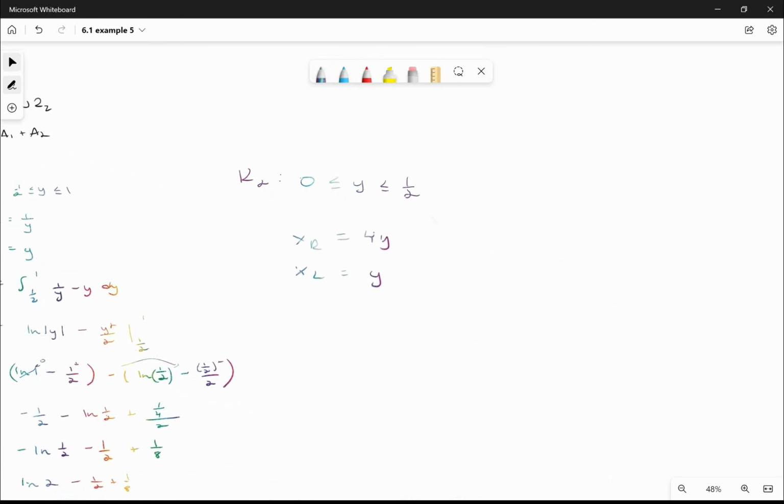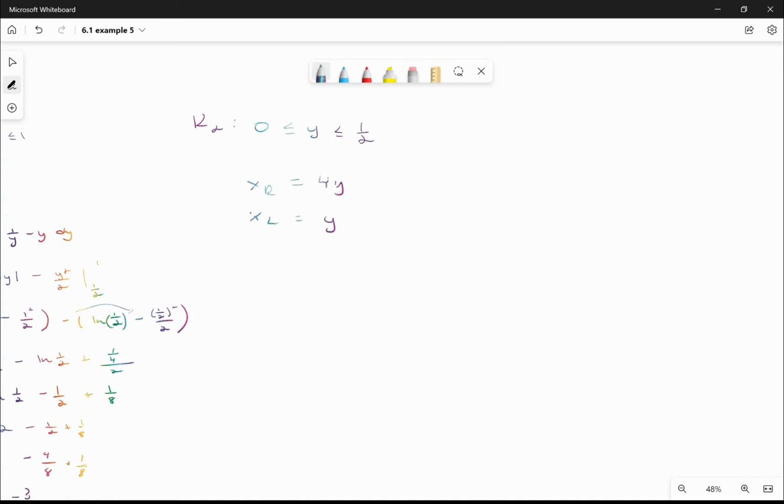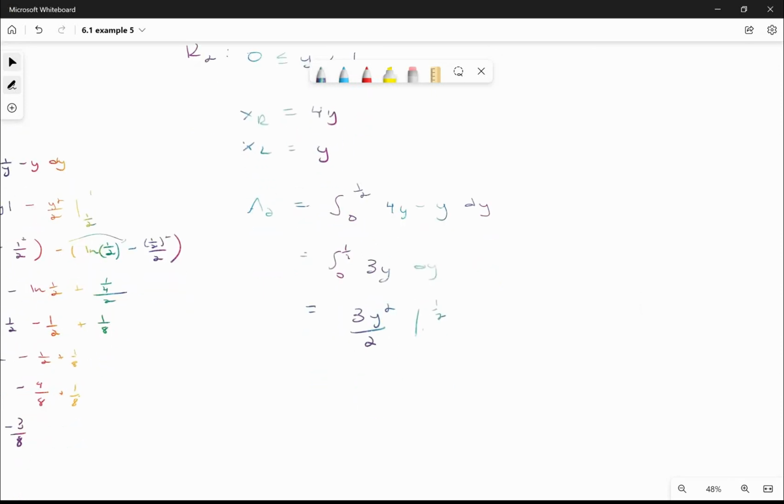Okay, so now we have that A2 is equal to the integral from 0 to 1/2 of 4y minus y dy. And this we can just write as the integral of 3y, which is 3y squared over 2 from 0 to 1/2. That one was pretty easy.